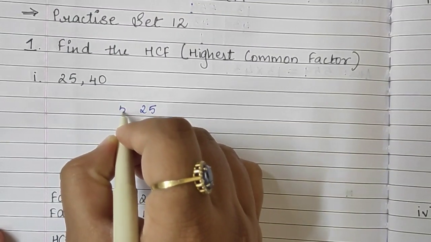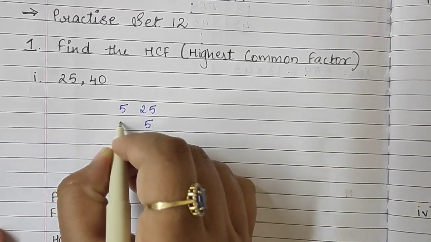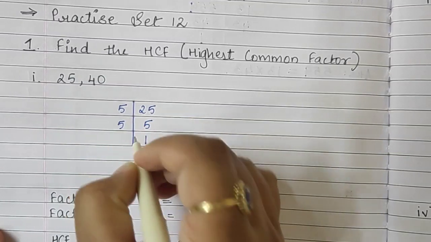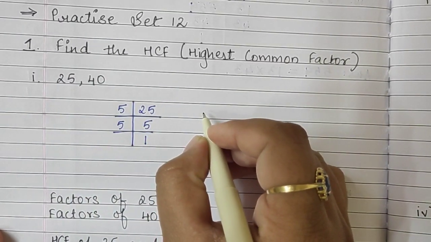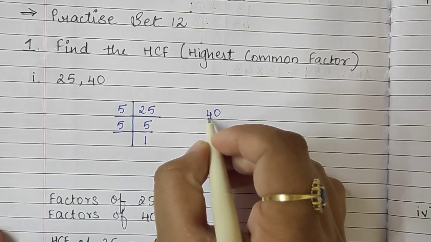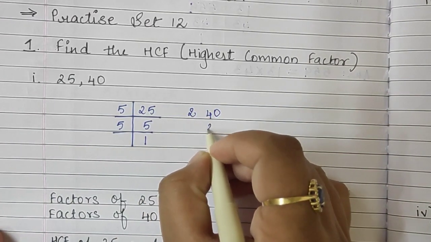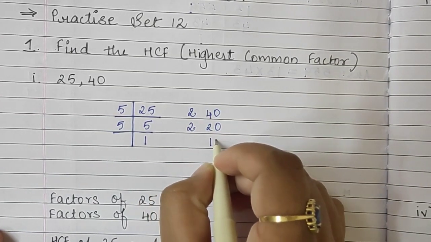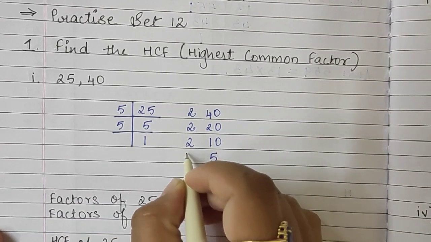25 gets factorized by 5. 5 5s are 25. 5 1s are 5. Now I will find the factors of the number 40. 40 is an even number, so we'll begin with 2. 2 20s are 40. 2 10s are 20. 2 5s are 10.